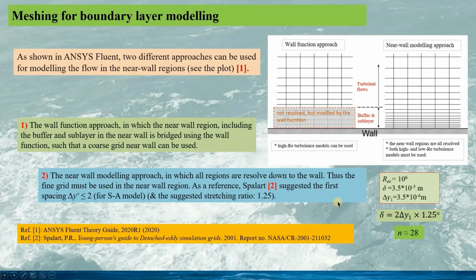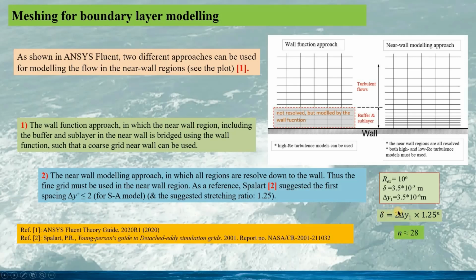Take an example, Reynolds number 1 million from the previous example. The boundary layer thickness is 3.5 mm and the delta y1 is 3.5 micrometers. Following the suggestion by Spalart, we have the expression for generating the grid by this equation. So we can obtain N equal to 28.